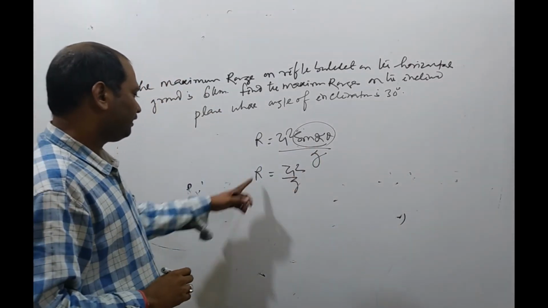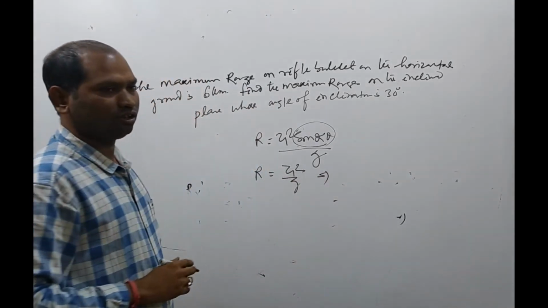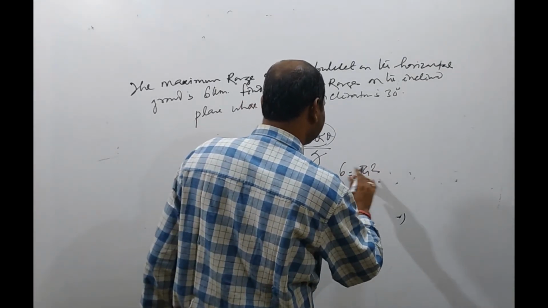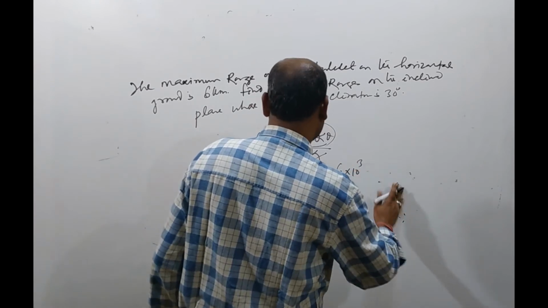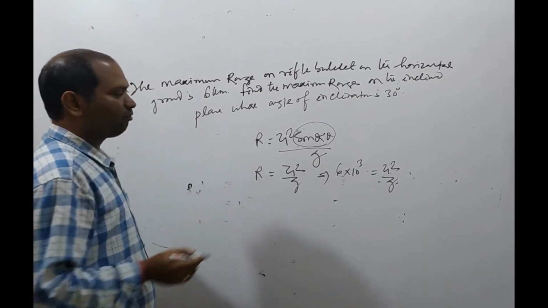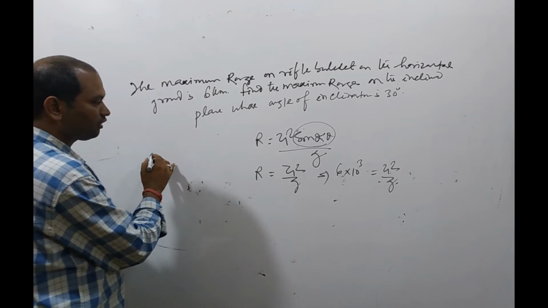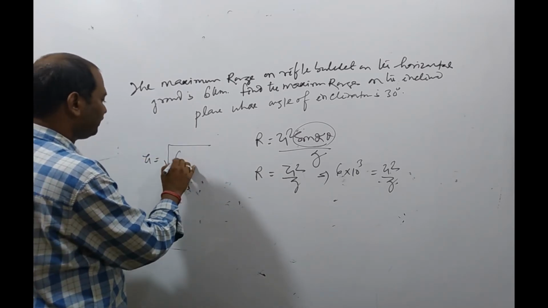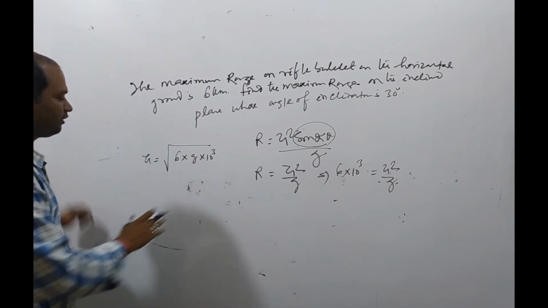According to the question, range is 6 km, so 6 into 10 to the power 3 meter is equal to u square by g. Then you can find the value of u here: u is equal to root of 6 into g into 10 to the power 3.